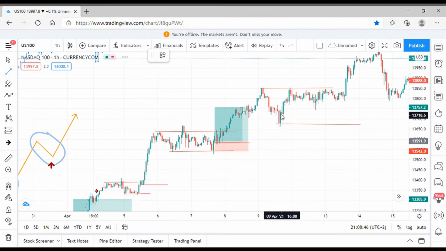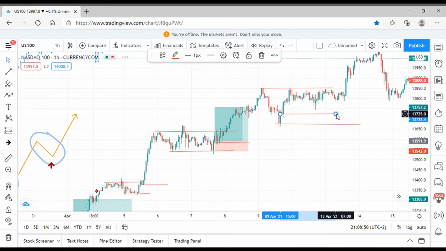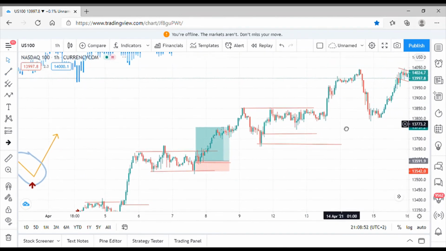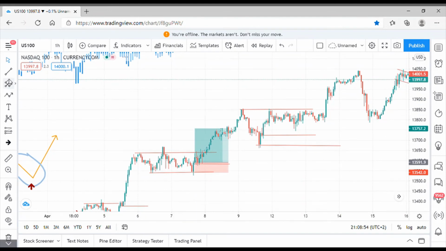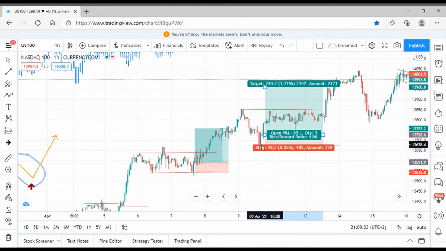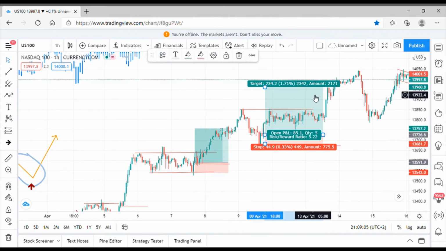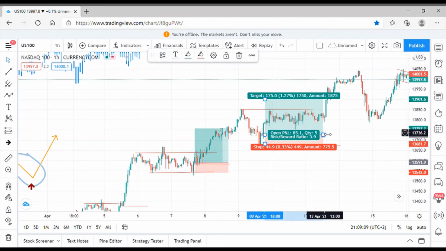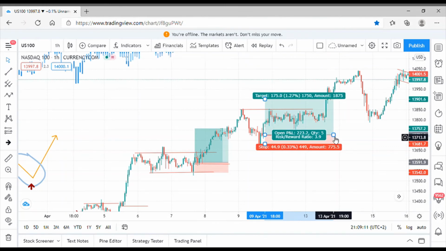Here we can see the formation of the higher low in this trend, and I would have taken my entry over here with my stop loss below this level, and I would have had my take profit around here.